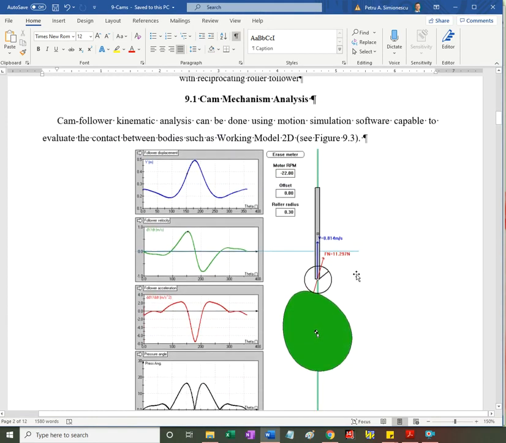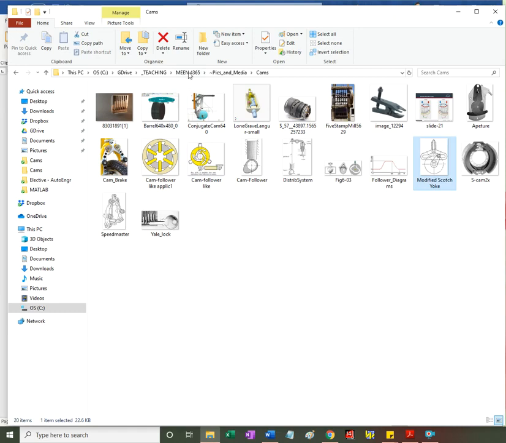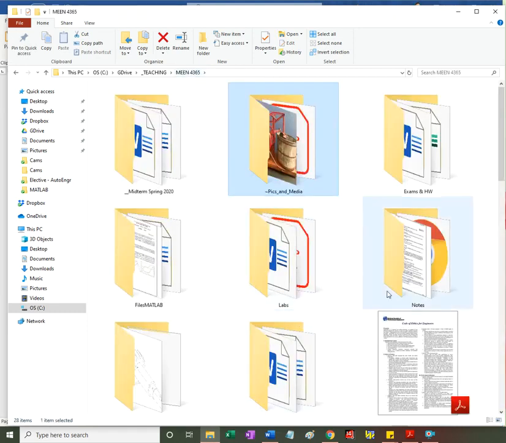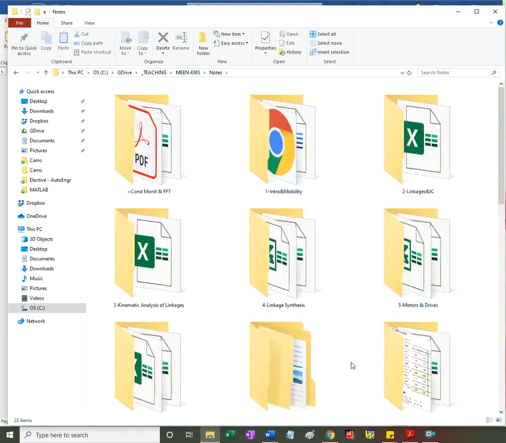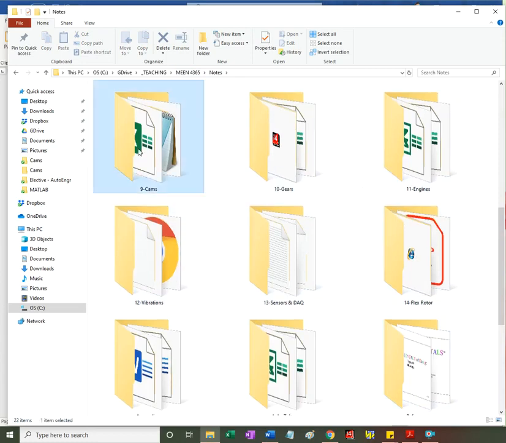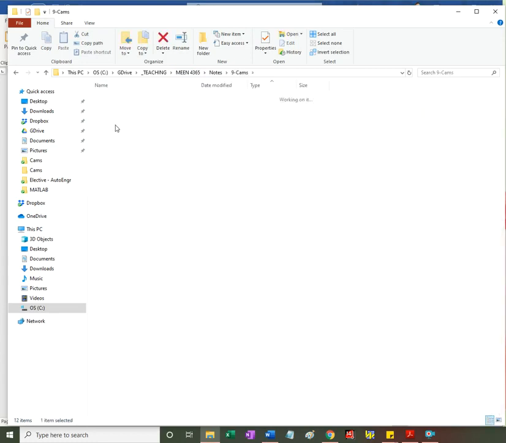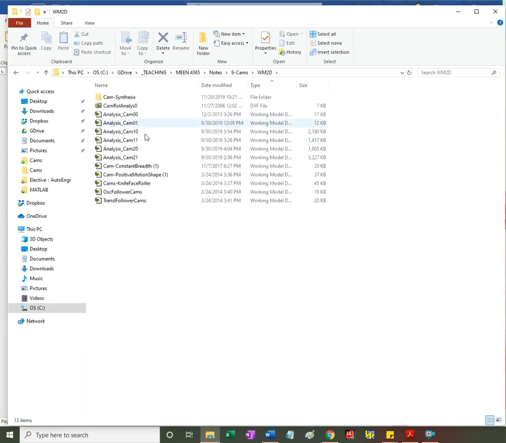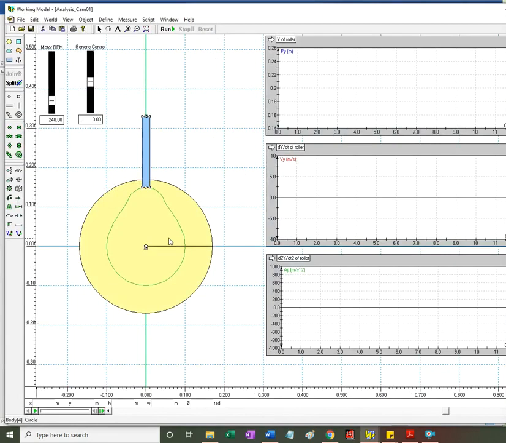So I do have working models that go with this chapter.